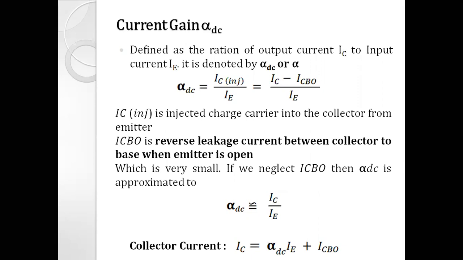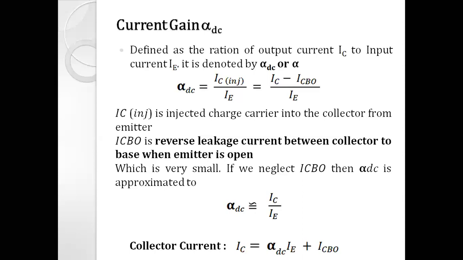Right? The reason for having current gain for each configuration is that in each configuration, the input terminal, output terminal, and the common terminal are different.